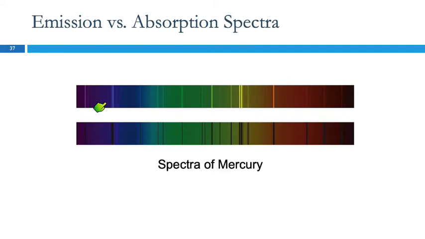So this is emission spectroscopy, where we're looking at the spectra of energy being released. You can also look at what light energy is being absorbed, and it will have dark spots in the same place if you're looking at absorption of energy.